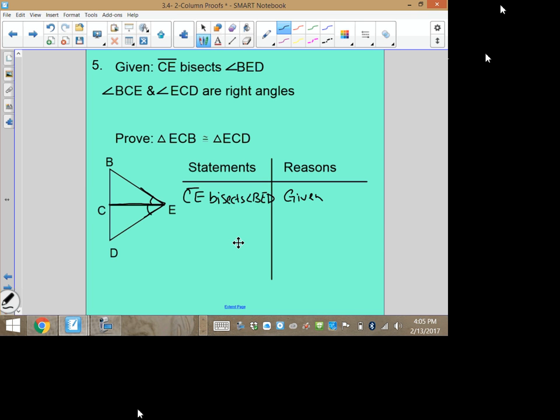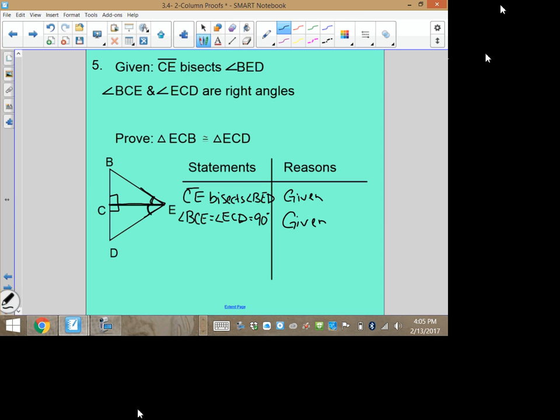They're going to be congruent. So later down, we're going to use that. But we also want to write angle BCE equals angle ECD, which equals 90 degrees. So that's also given. I'm going to mark those. And if they're both 90, then they're congruent.